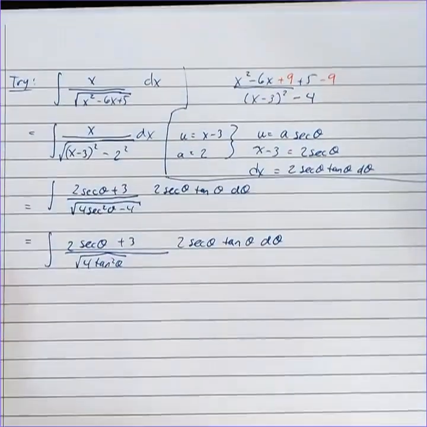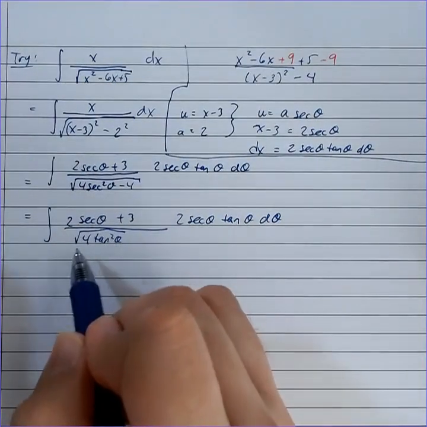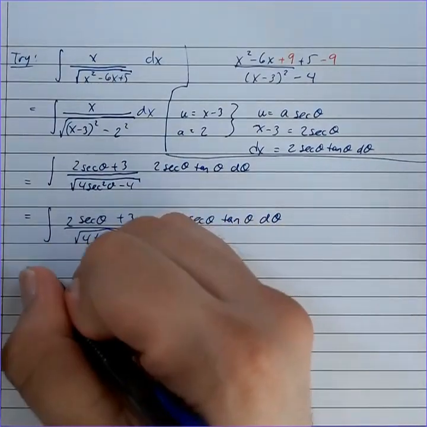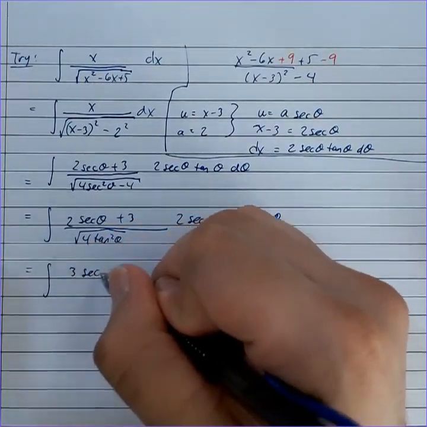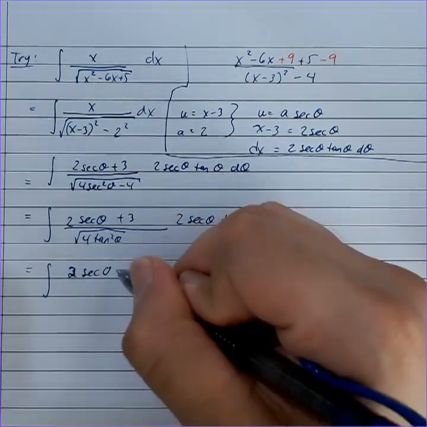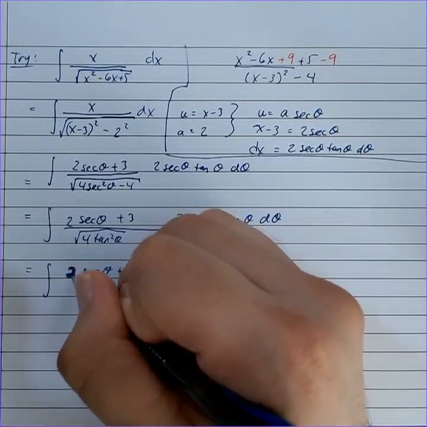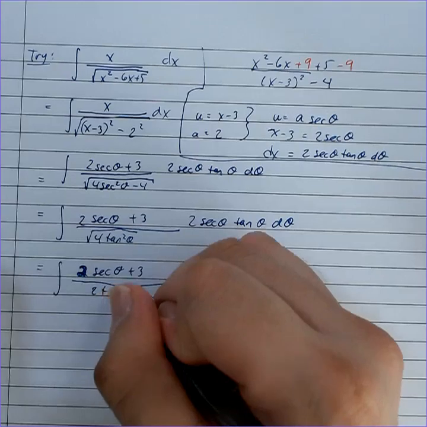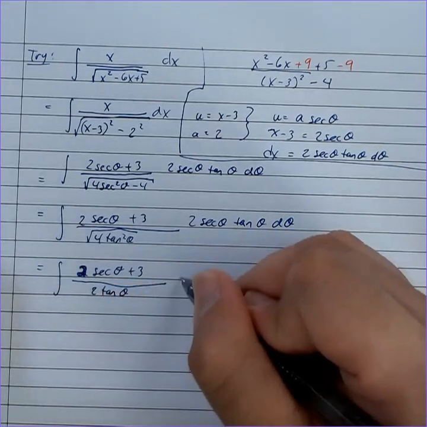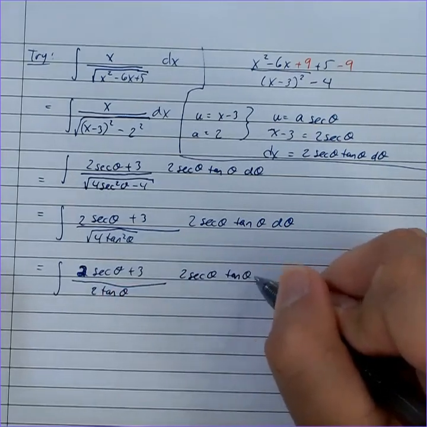Just like that. And of course here, tangent squared of theta and 4 are both perfect squares, which we can take the square root of. So we can write that as 2 secant of theta plus 3 over 2 tangent of theta times 2 secant of theta tangent of theta d theta.